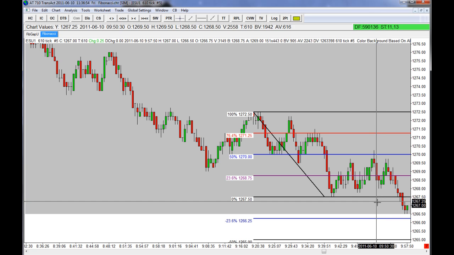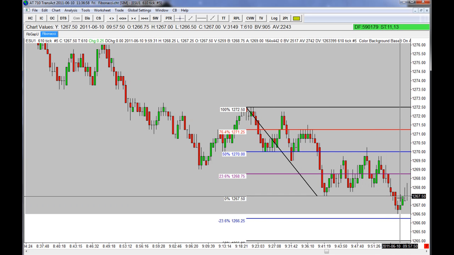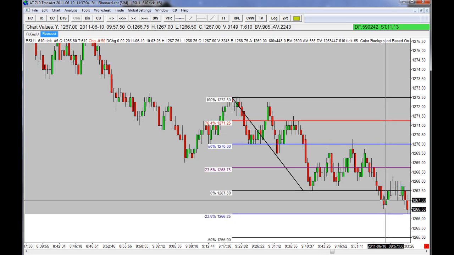Price then broke through the 0% line and went back through the 0% line again.